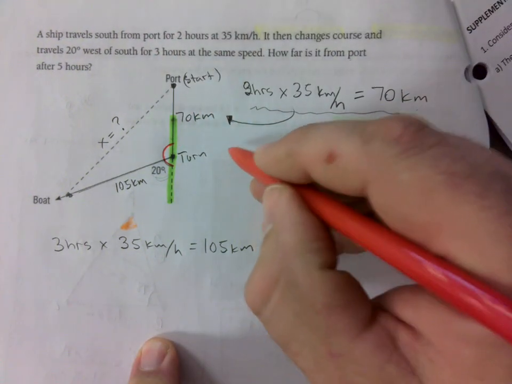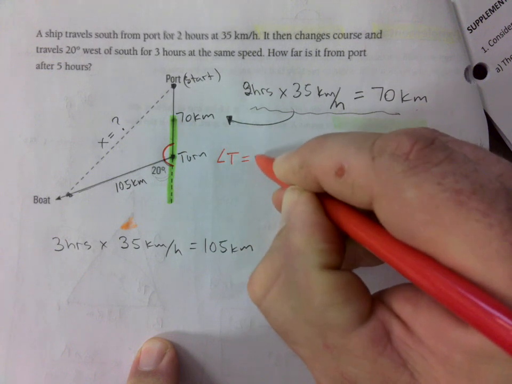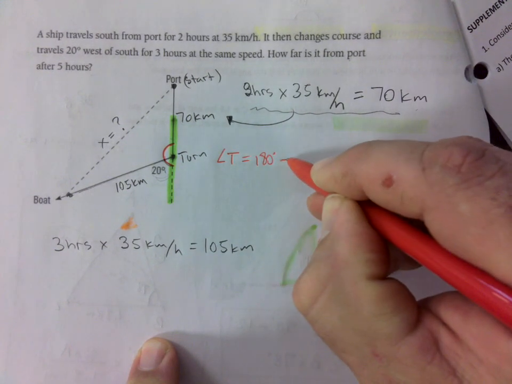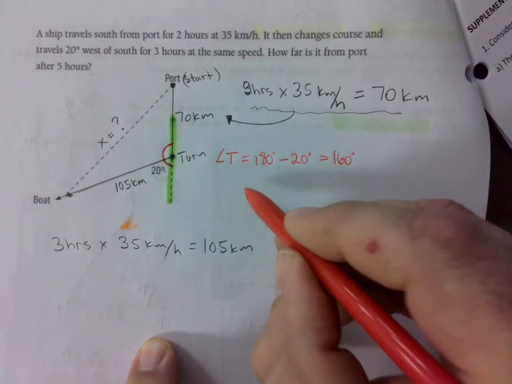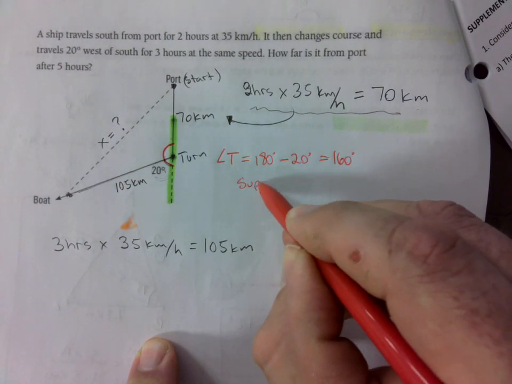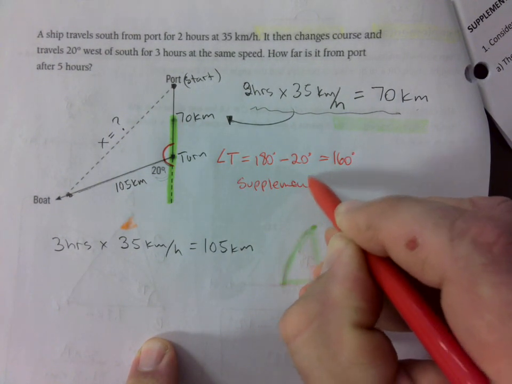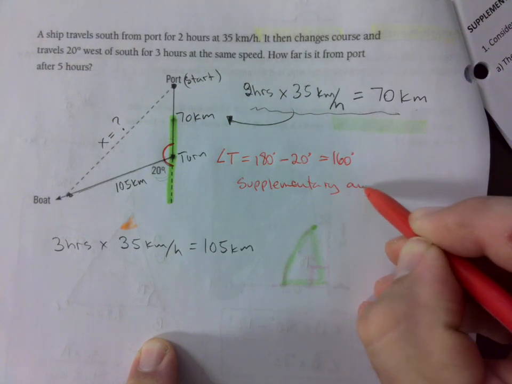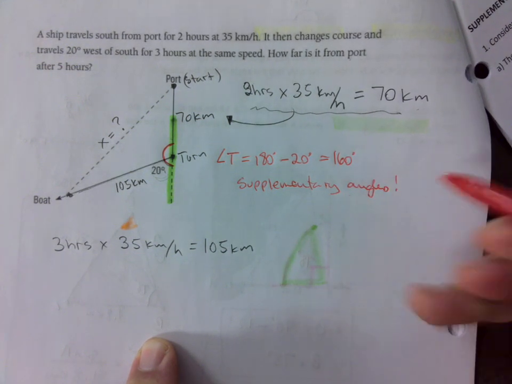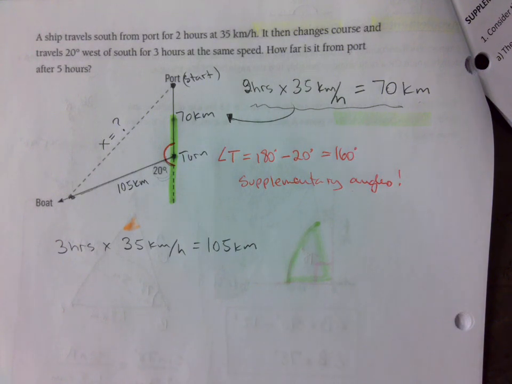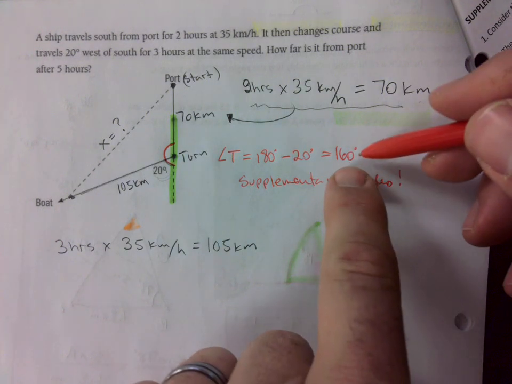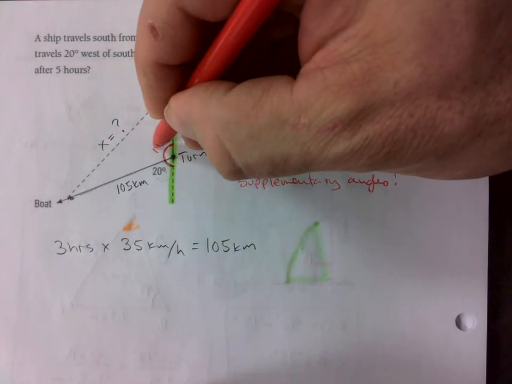So I'm going to go angle T is 180 minus 20. It is 160. Supplementary. You don't even need to remember the term supplementary angles, as long as you know those two add up to 180. So we know that this is 160 over here.